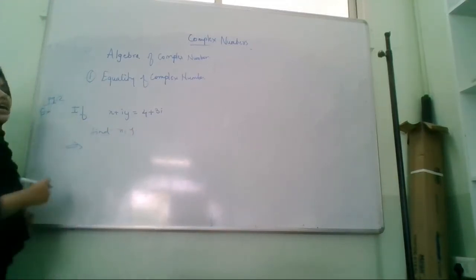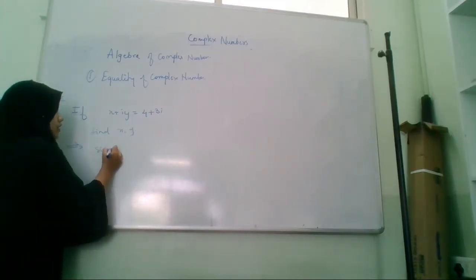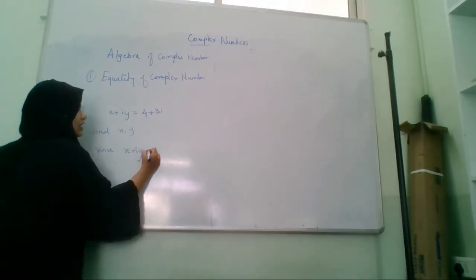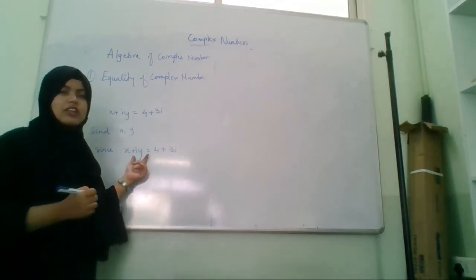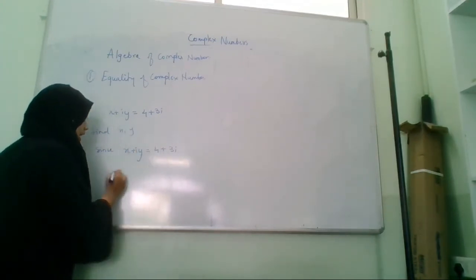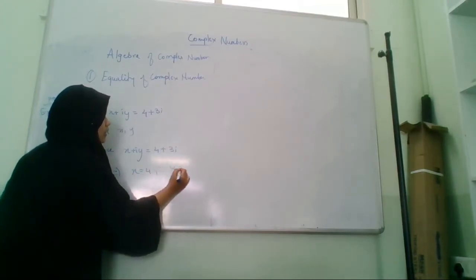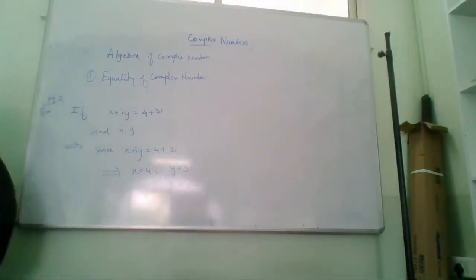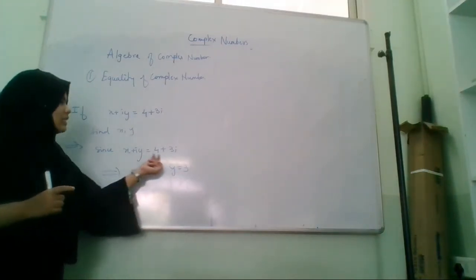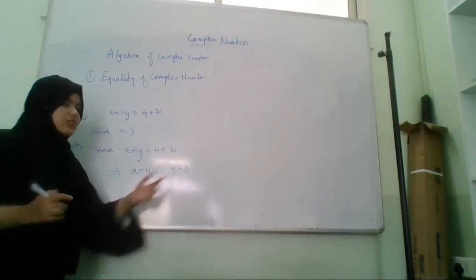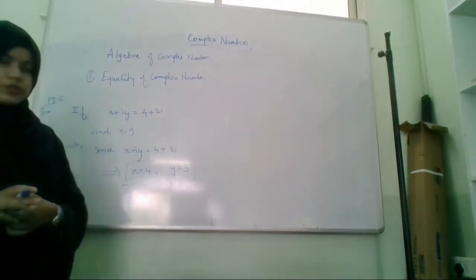So what will be our answer? The solution will be: since x plus iy is equal to 4 plus 3i, two complex numbers are equal, so this implies x should be equal to 4 and y should be equal to 3. Since we know that two complex numbers are equal if and only if the real part equals the real part and the imaginary part equals the imaginary part. So this is your answer.